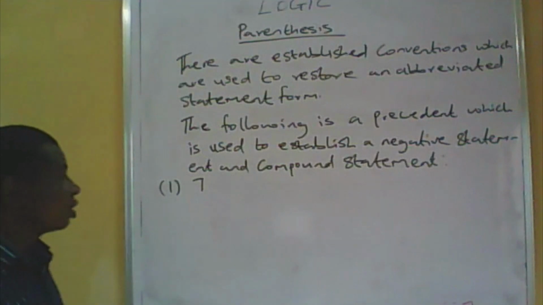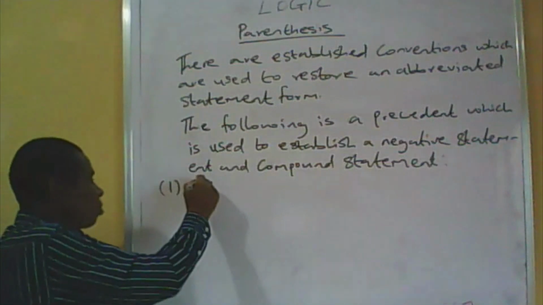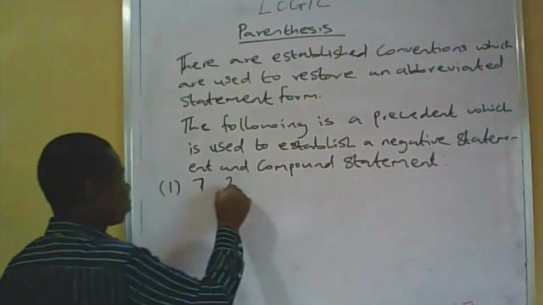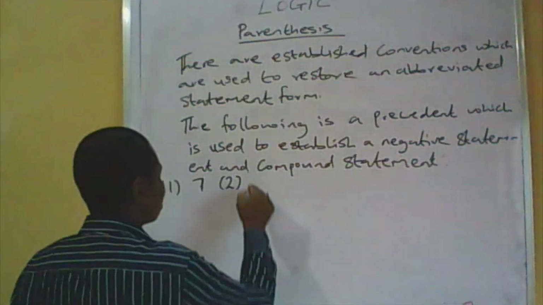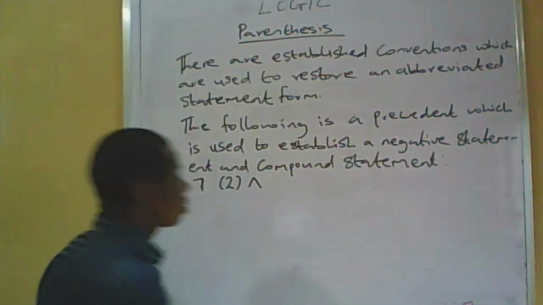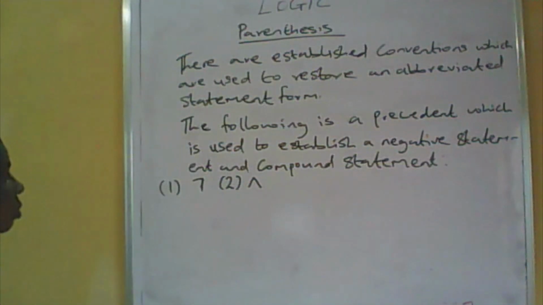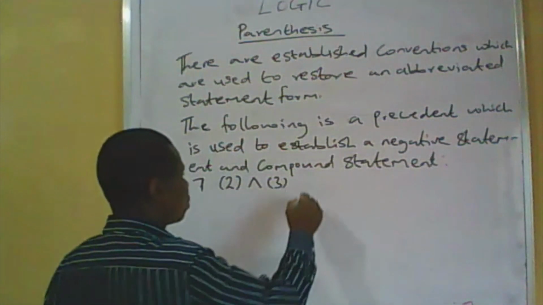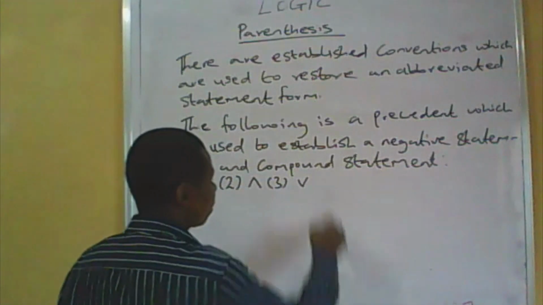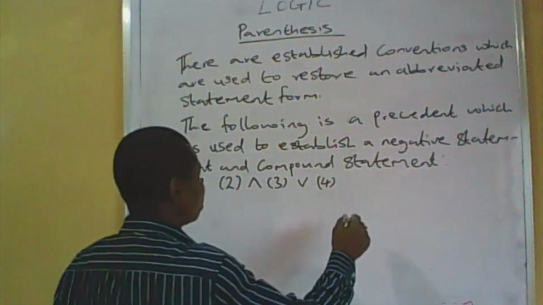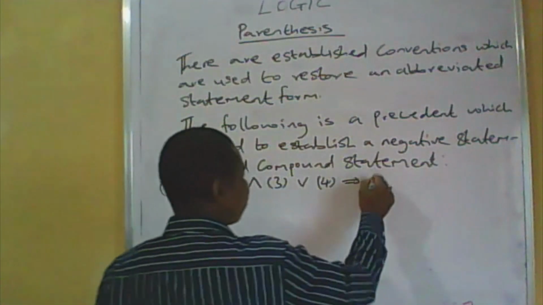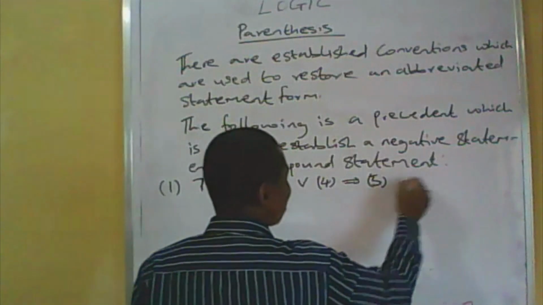That is the strongest precedence. The second one is the and connective. The third one is the or connective. The fourth is the implies connective. The fifth is the if and only if connective.